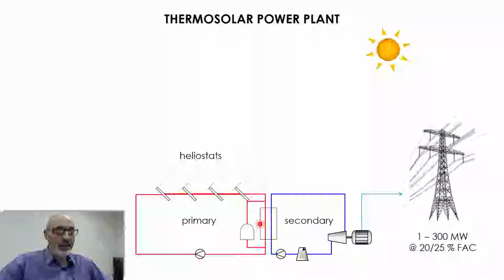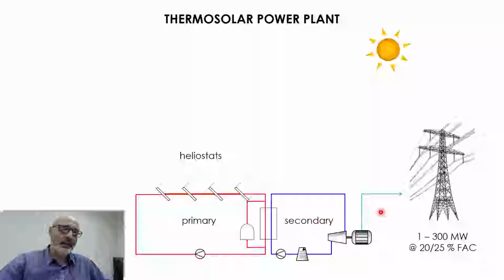If you don't have sun for some reason, because it's night or because it's cloudy, you can use this heated liquid here in order to supply heat to the secondary. So the primary, the storage system, and the secondary, which corresponds to a traditional thermodynamic conversion cycle. We already saw this, so there's no problem here.